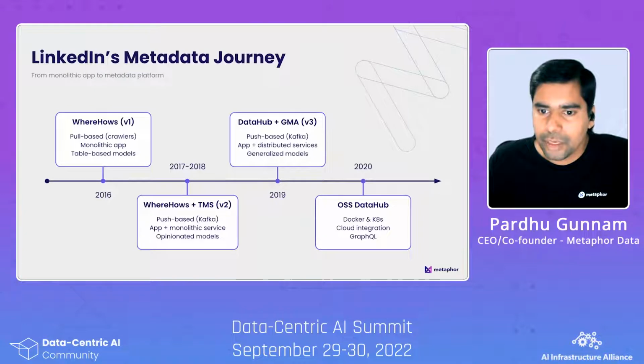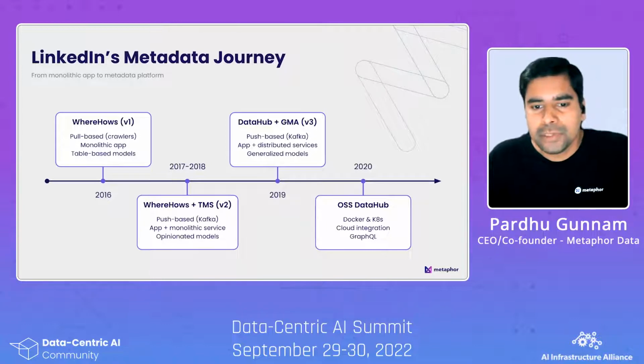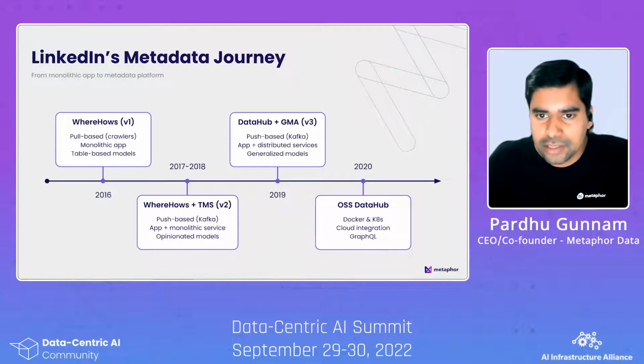Then came 2019. Once we solved the privacy laws and use cases, we took a holistic look at all the use cases that are popping up across the wide variety of data platforms. LinkedIn has always pushed towards data democratization and self-serve across every single data platform.